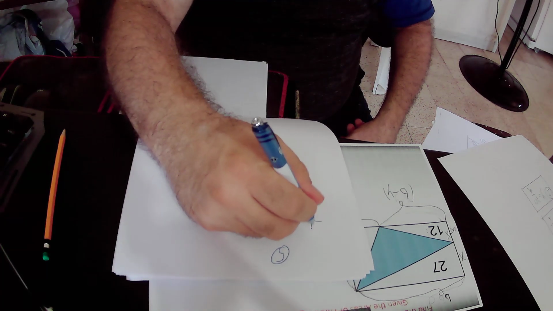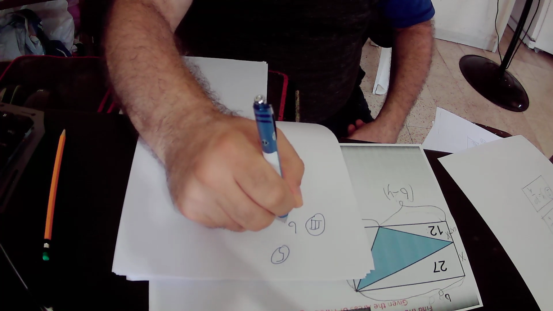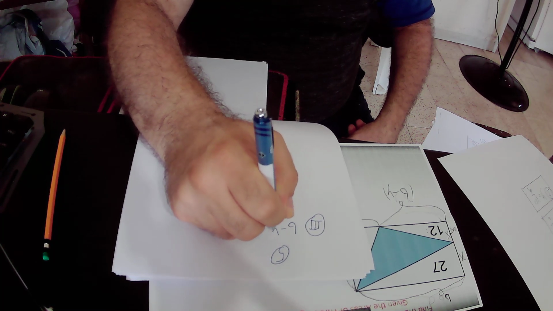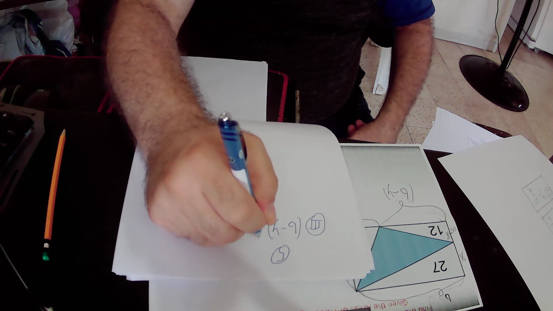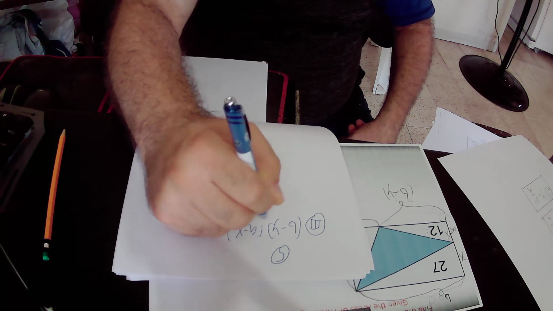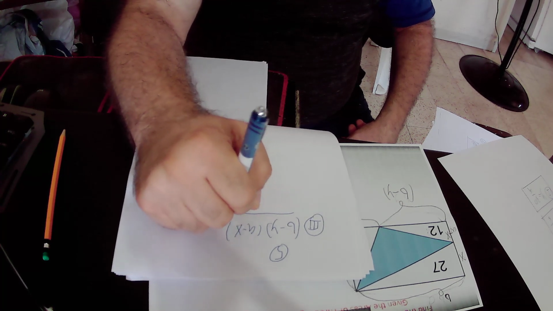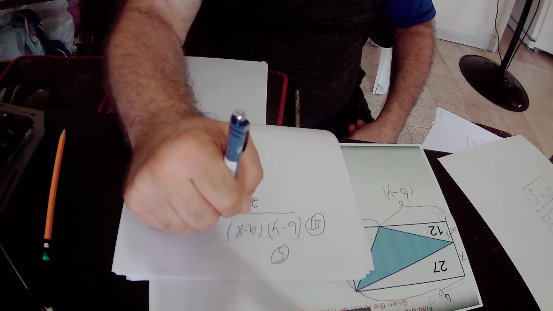That is b minus y times a minus x, all divided by 2, equals 12.